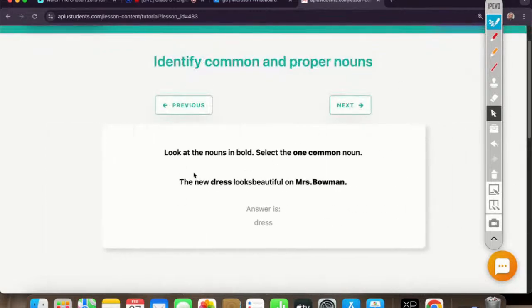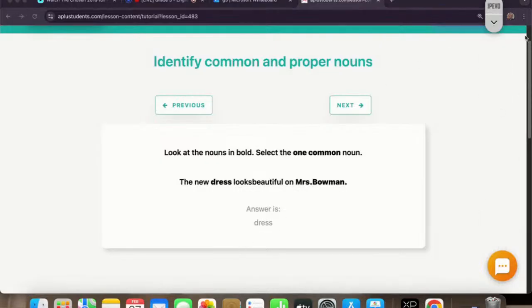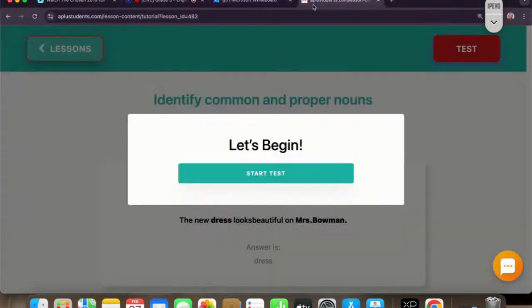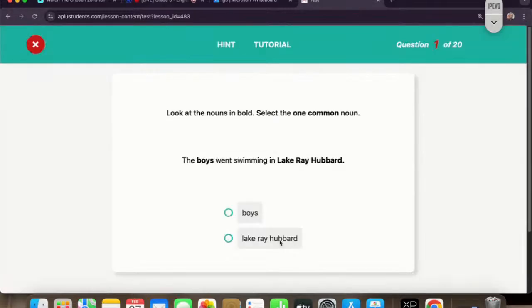Then here, look at the noun in bold. Select the one common noun. The new dress looks beautiful, Mrs. Bowman. Is it dress? Okay, it's dress. So let's go to the test and you can share your answers with me if you know them. Then look at the noun in bold. Select the one proper noun. The boys went swimming in Lake Ray Hubbard.